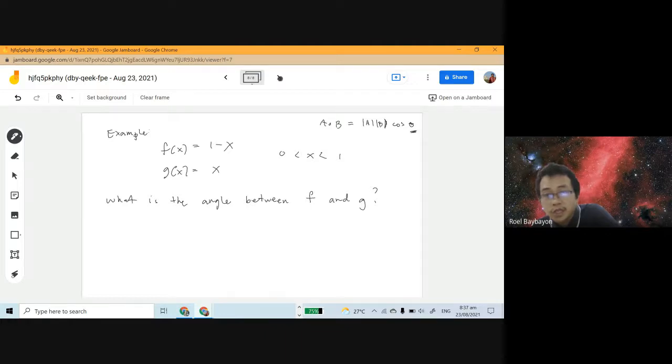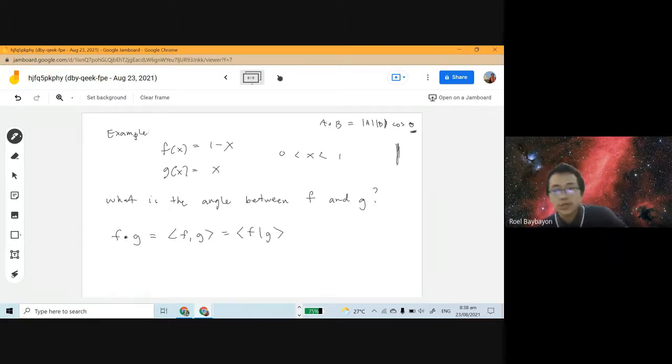So I can solve for theta if I can solve the dot product and so on. Same as this one, if I have two functions, I can calculate the angle between these two functions using the concept of inner product. Because we know that if I dot f and g, you can write this as fg, or sometimes we use this notation, fg, like that.